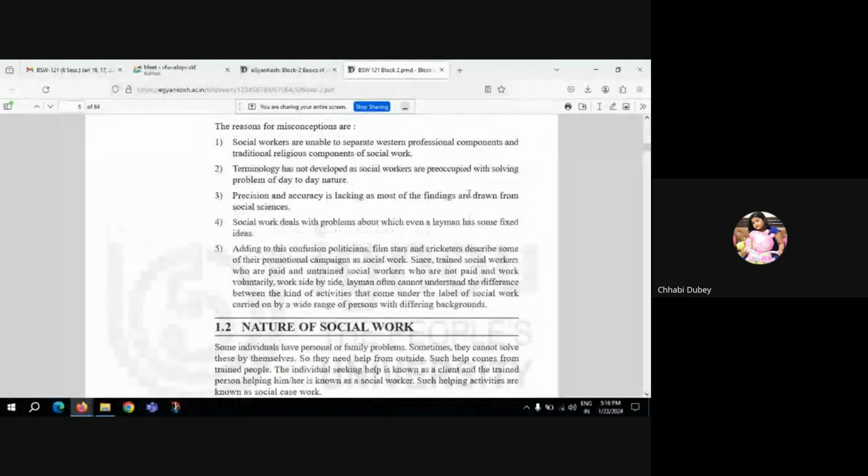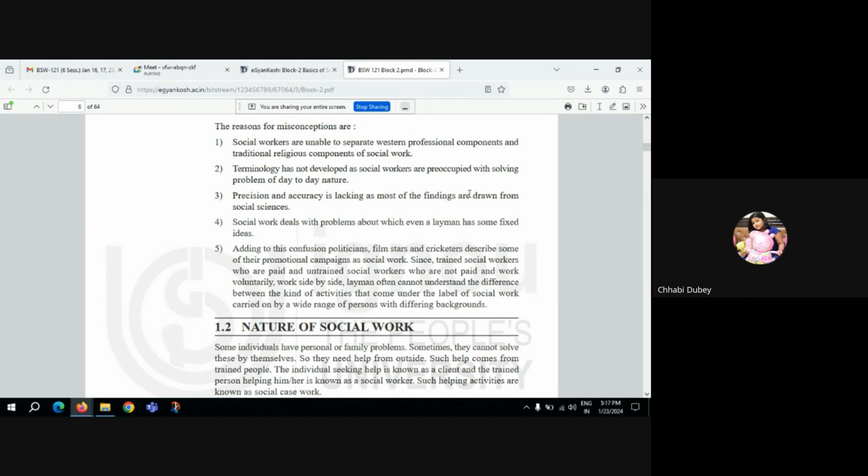Social workers are generally unable to separate the Western professional components and the traditional religious components of social work. So we know that the emergence of social work is based a lot on the charity concept, which is given in various traditional philosophies across the world. But as social workers, we have not been able to separate the Western professional aspect and the traditional religious components.